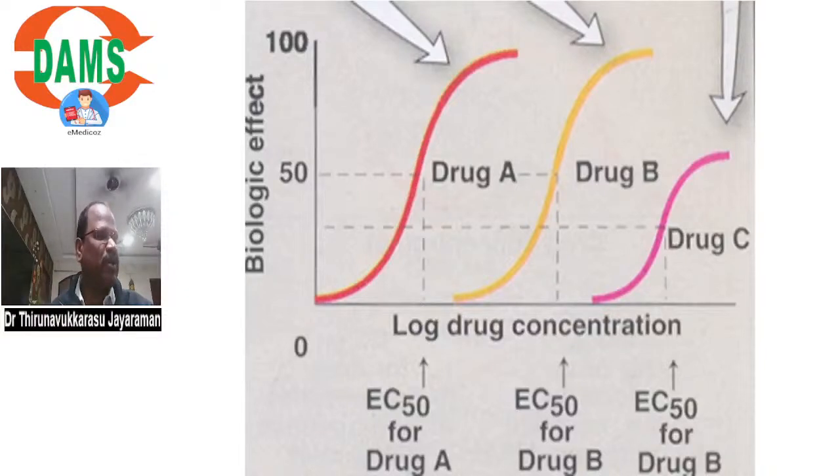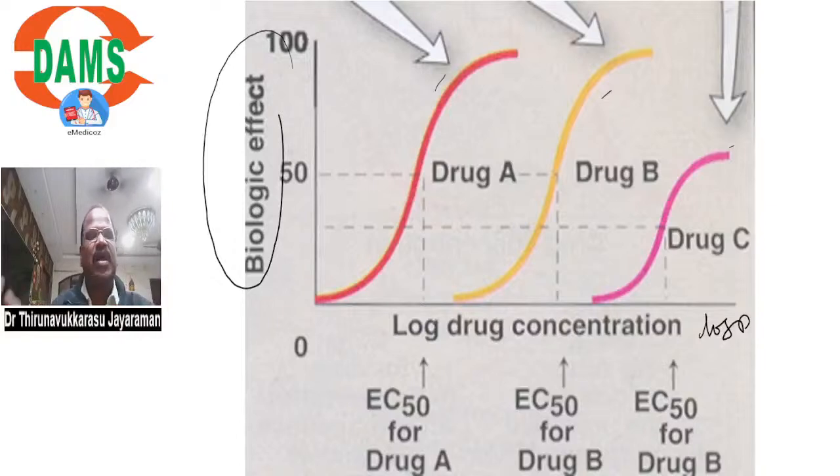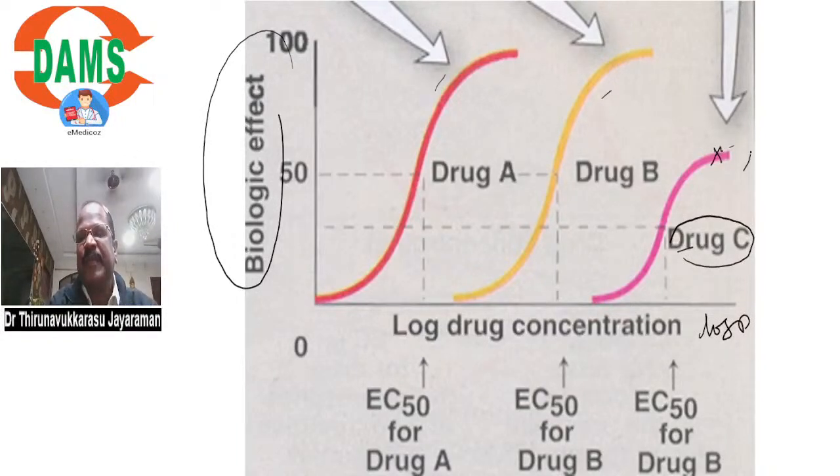Take the same kind of question. Suppose I am asking about drug A, drug B, drug C, with log dose on one axis and response on the other. Comment on which one is more efficacious and which is most potent. For example, comment on drug C regarding efficacy and potency in comparison with drug A. For drug C, the height is less, that means low efficacy.